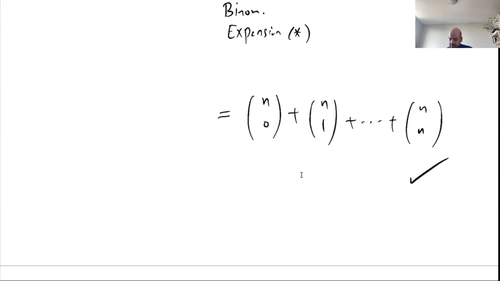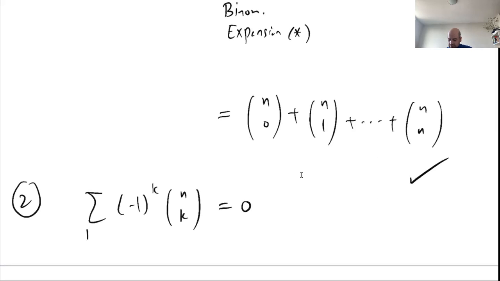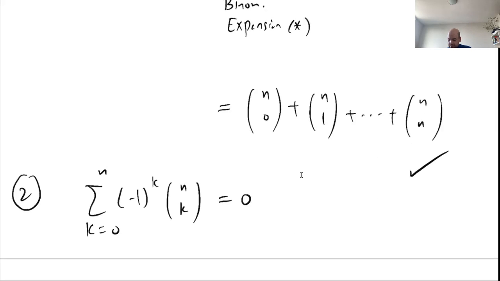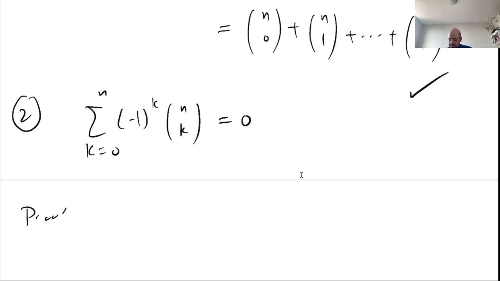Another property is sigma minus 1 to power k times n choose k equals 0, k from 0 to n. So the proof of this, let me leave as an exercise, but you can probably guess what you need to do. In the previous property, we had 2 to power n, we wrote it as 1 plus 1 to power n.